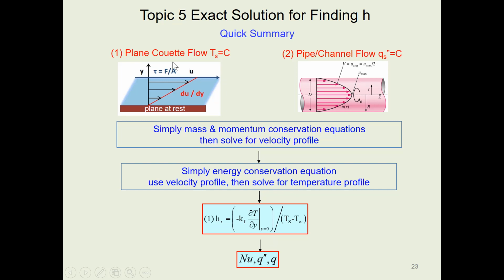For case 1, the plane Couette flow with constant surface temperature thermal boundary conditions, and case 2 for the pipe and channel flow with constant heat flux thermal boundary conditions.